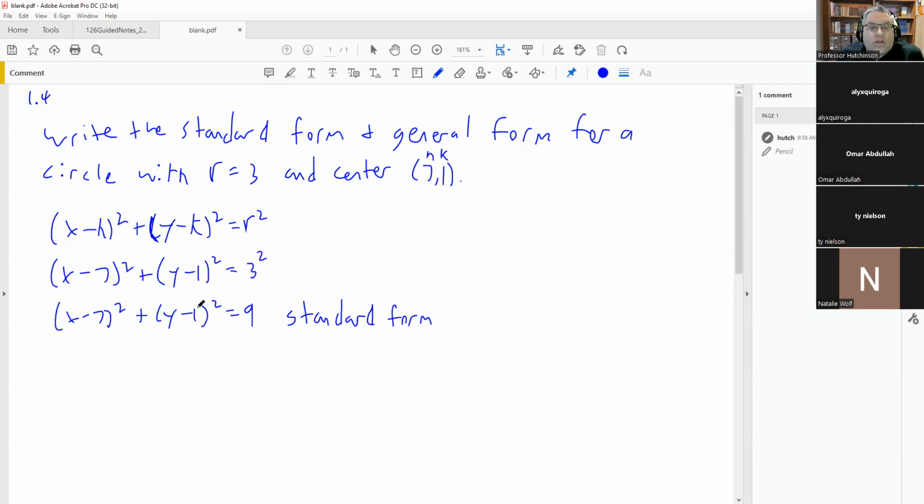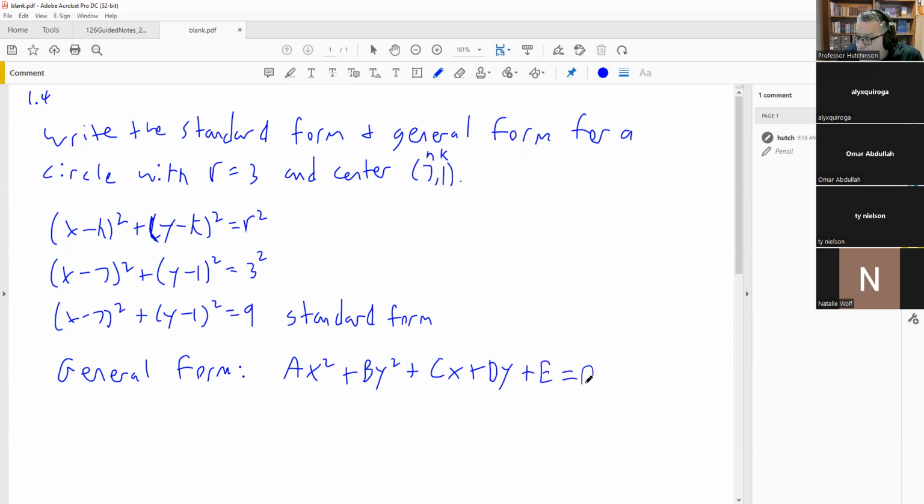Now, general form was not something I talked about yesterday, so I want to go ahead and mention it here. Basically, in general form, everything is set equal to 0. So for general form, we'll just put that here. Basically, it goes like this: ax squared plus by squared plus cx plus dy plus e equals 0.